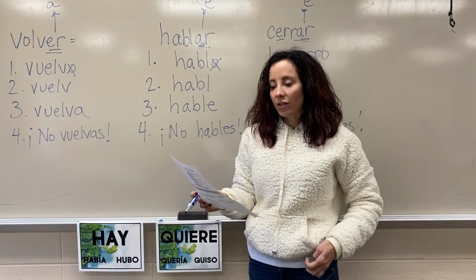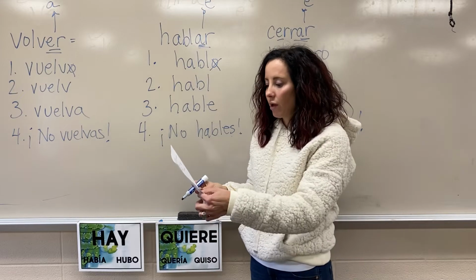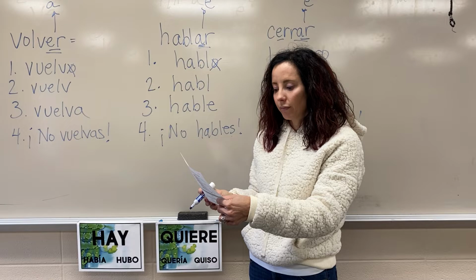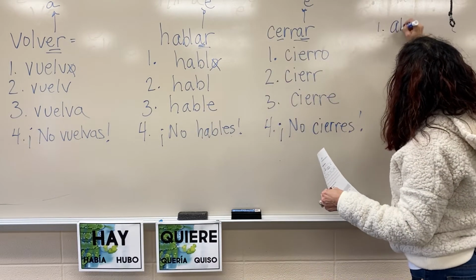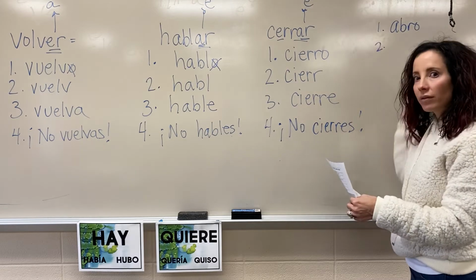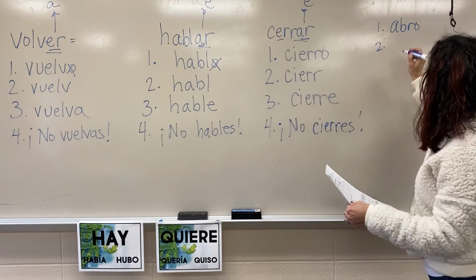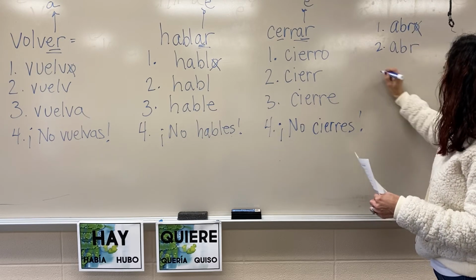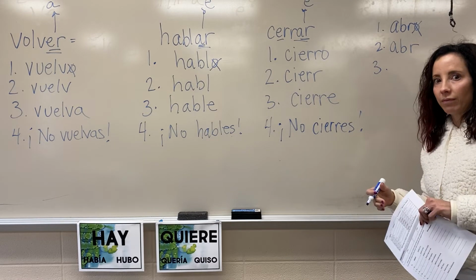Go ahead and do the last one, abrir, on your own. Step 1, put it in the yo form. Hopefully you got abro. Go ahead. Step 2, what is it? Take off the O. What's step 3? Opposite ending.